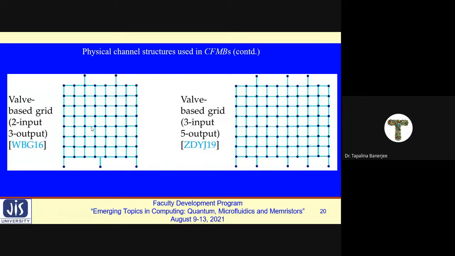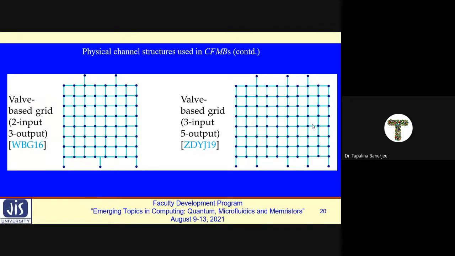For example, if we consider this valve-based grid of 2 inputs, 3 outputs, then you can notice these are the input lines and these are the output channels. And here, all these dark circles are simply the valves. Same thing happens in case of a 3 input and 5 output valve-based grid. Okay, these are the different 2D grid type CFMB networks.